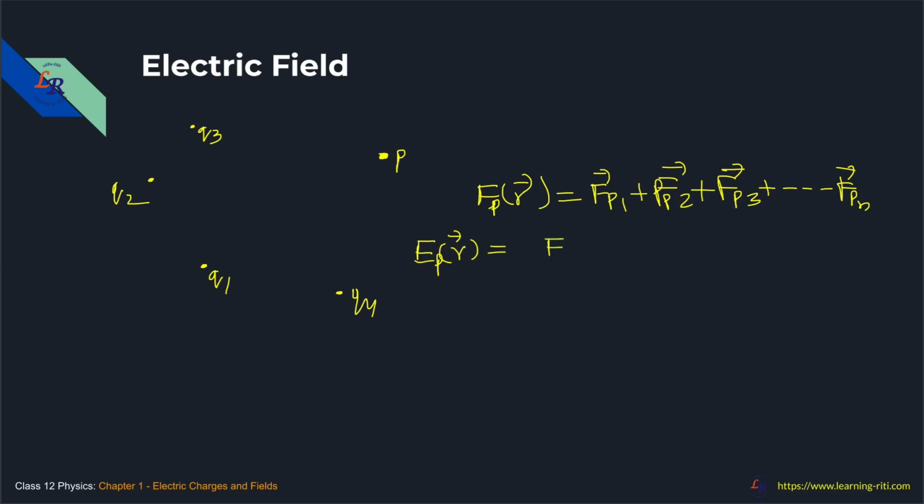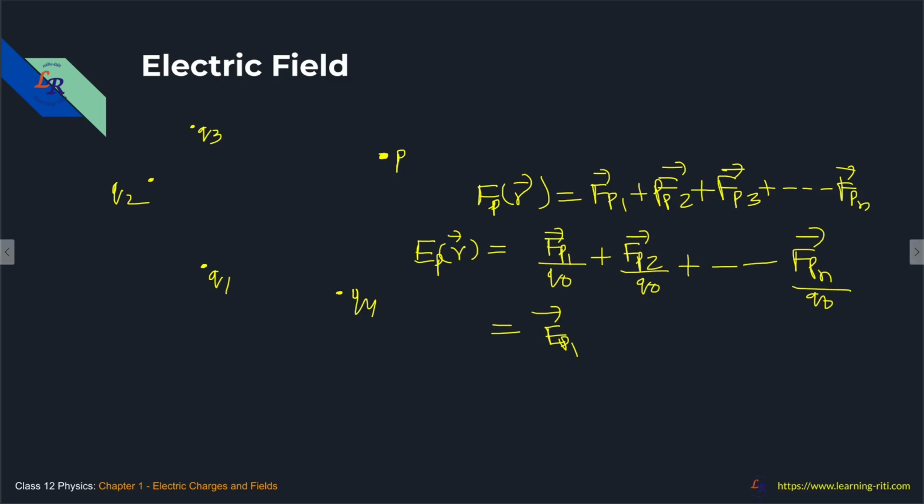So we can have Fp1 divided by Q0, Fp2 divided by Q0, similarly Fpn divided by Q0. That way you can have your electric field due to different charges at the given point P here.